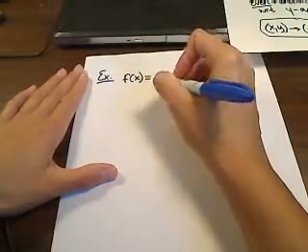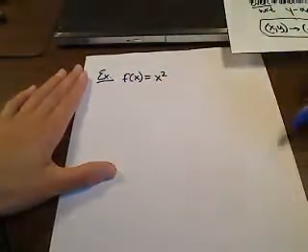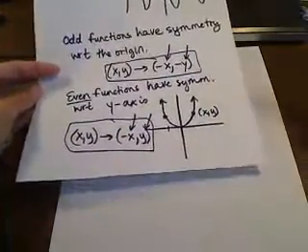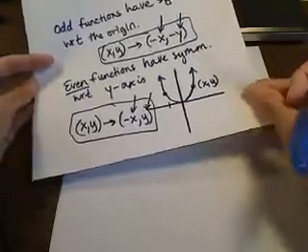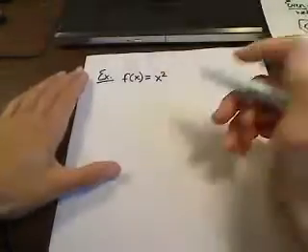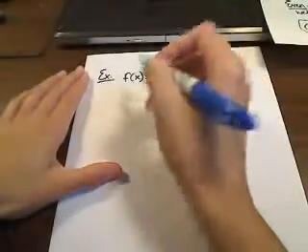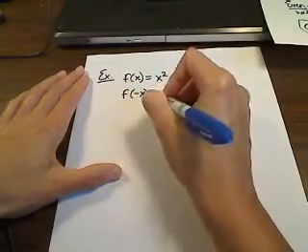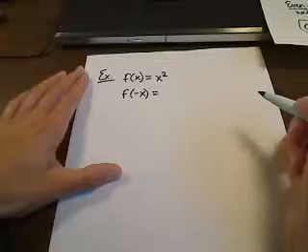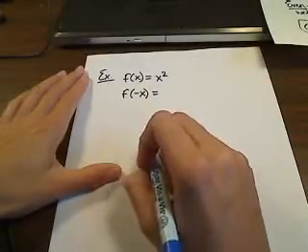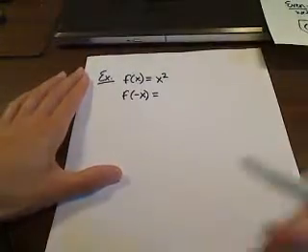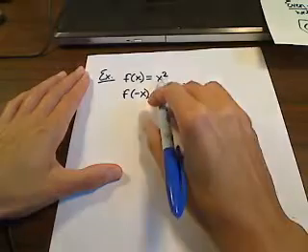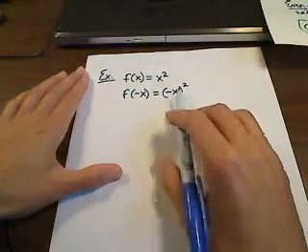Let's say I have f of x equals x squared, and I already showed you that that's just a parabola, and that's even, so it has symmetry with respect to the y-axis. If I want to answer this question algebraically, I would just plug negative x in, so I would evaluate f of negative x. When I plug f of negative x in, this is negative x, and I'm going to do whatever's being done to x right here, so I'm going to square it.